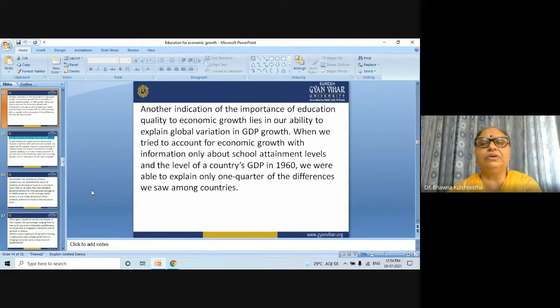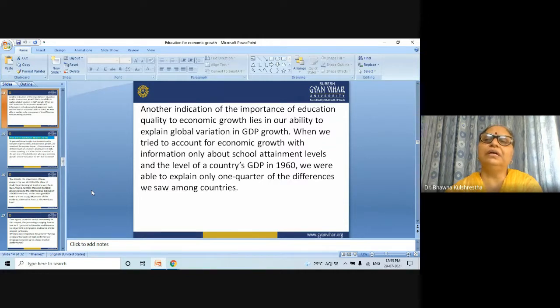But when we also included cognitive skills in our statistical models of economic growth, we were able to attribute nearly three quarters of the difference among countries to these three factors.